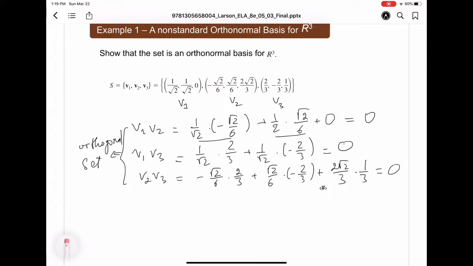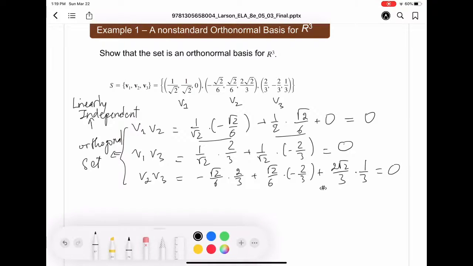If they're orthogonal, they will be linearly independent. Because we are talking about a basis of R3, we have 3 vectors and they are linearly independent, so that means they form a basis. Now we need to check if they form an orthonormal basis or not.